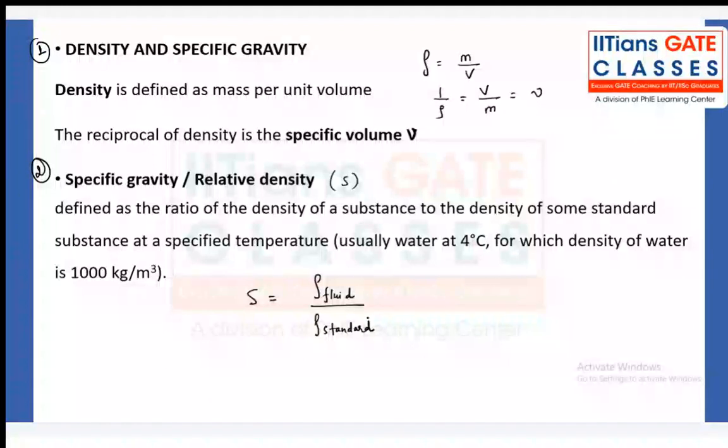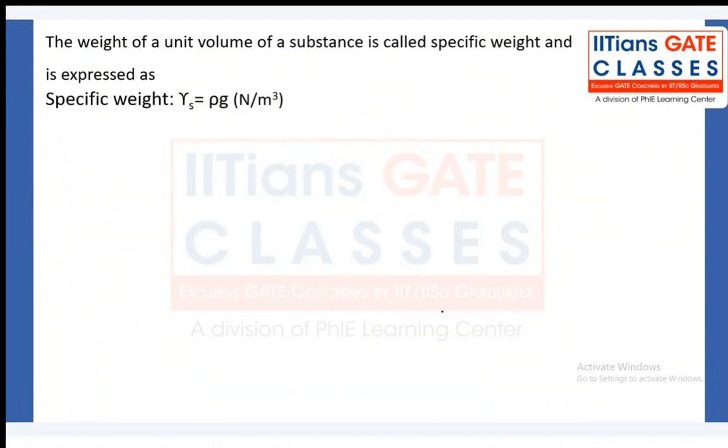If you talk about the density, it is telling you how heavy this particular fluid is. Now, the next term in the property column: the weight of a unit volume is called specific weight.